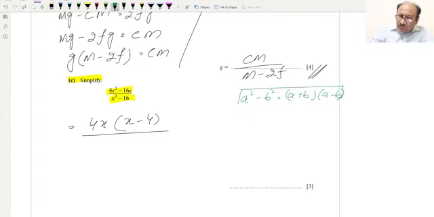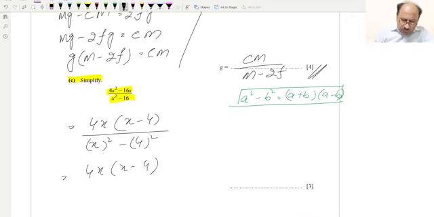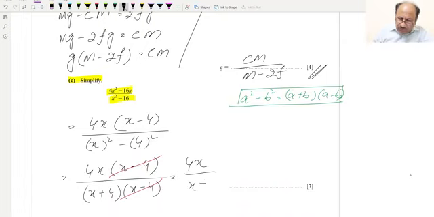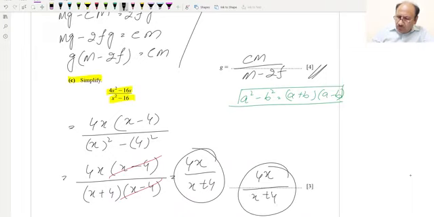We can write this as x squared minus 4 squared, and this will be equal to 4x into x minus 4 over x plus 4 and x minus 4, and you can cancel these two, and we will be getting 4x over x plus 4. This will be our final answer, which we can write over here. Hopefully you understood each and everything.